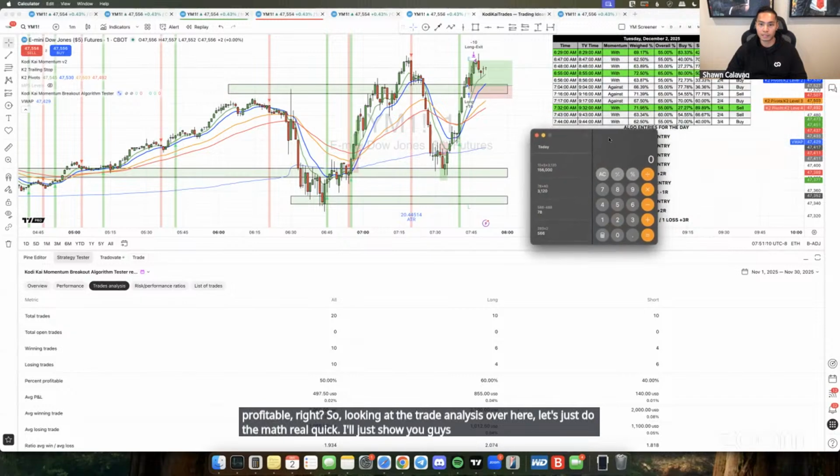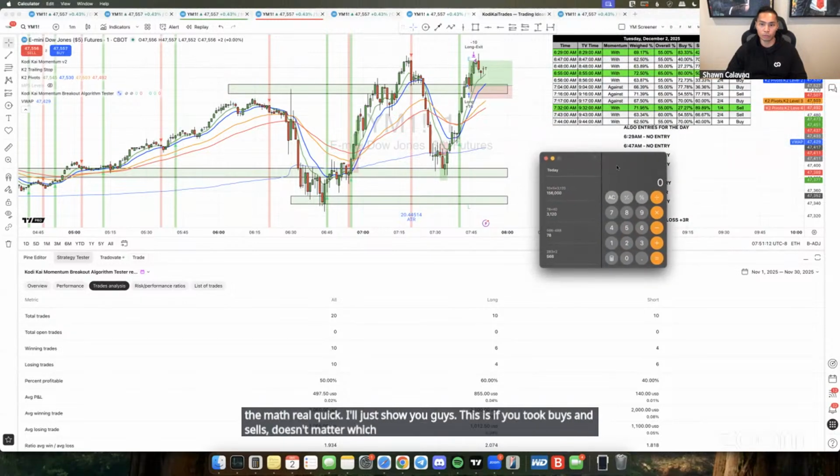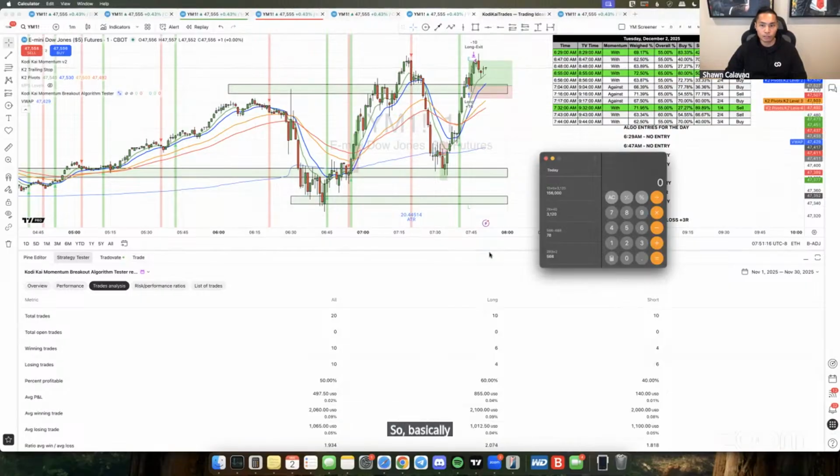This is if you took buys and sells, doesn't matter which direction, you just went with momentum. So basically it had 10 winning trades, so that's 20R minus 10, right? So that's what it would be. So basically 10 times 5 times 20.